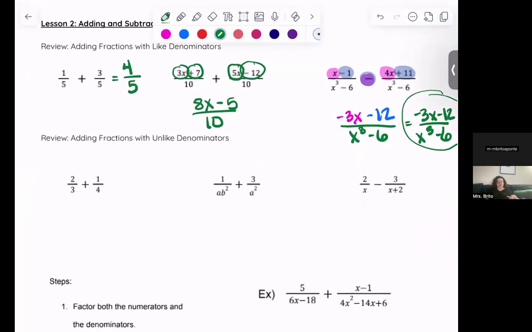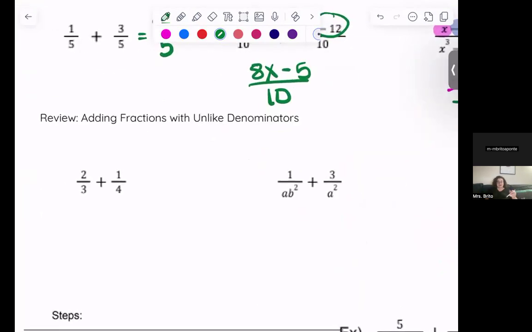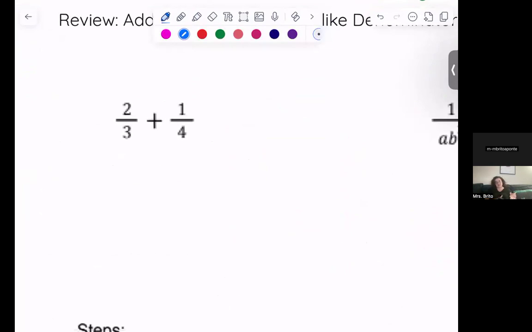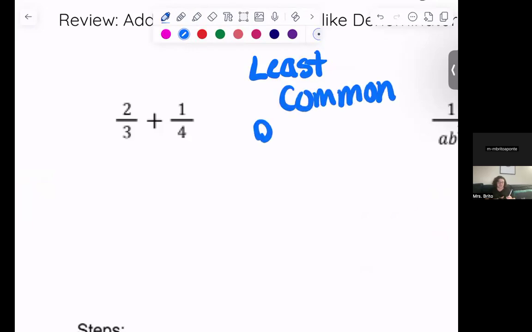What gets a little trickier is when we have unlike denominators. So again, back to elementary and middle school, we can take a look at our 2/3 plus 1/4. I have to look for something called my least common denominator, LCD.